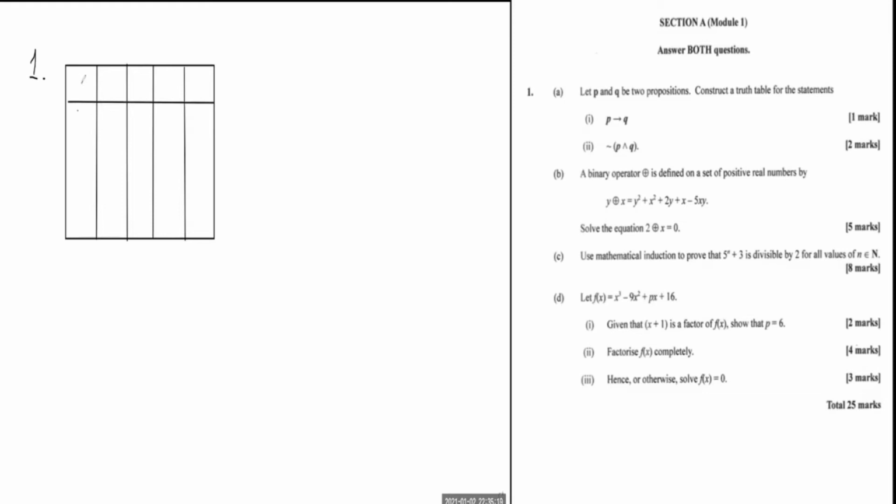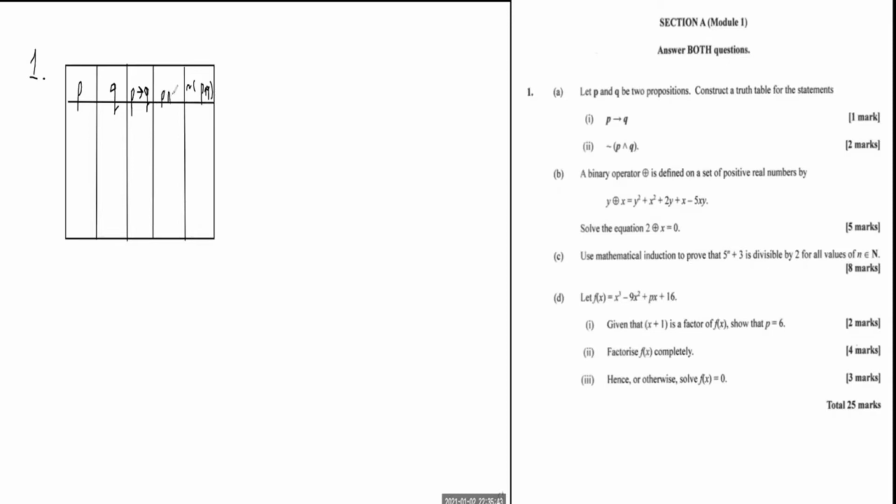So again, we know the variables are P and Q. Then of course we need the truth table for P implies Q. Then it asks for the not of P and Q. So before we can construct the truth table for not of P and Q, we need P and Q first.